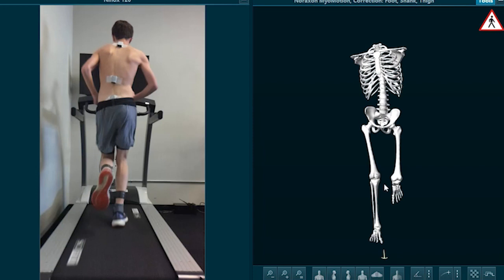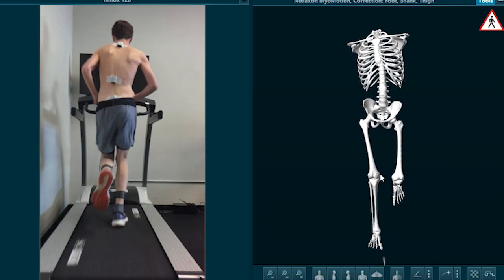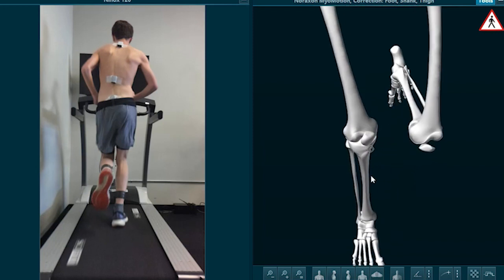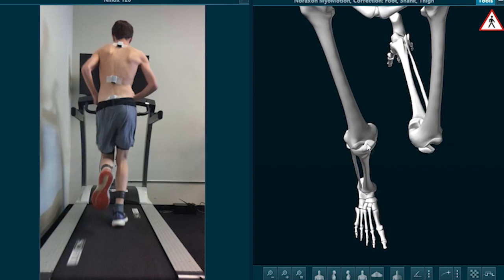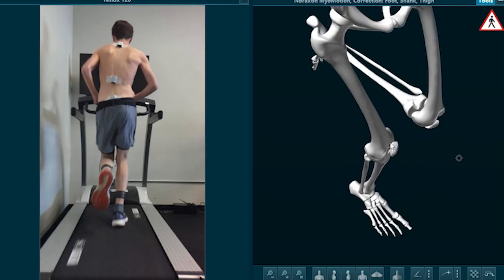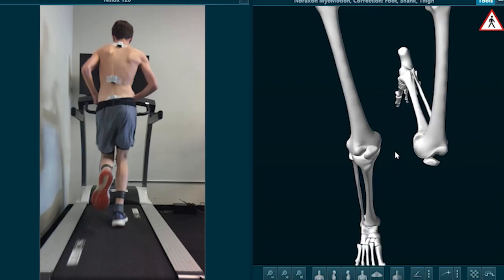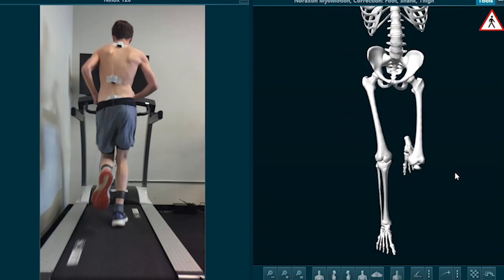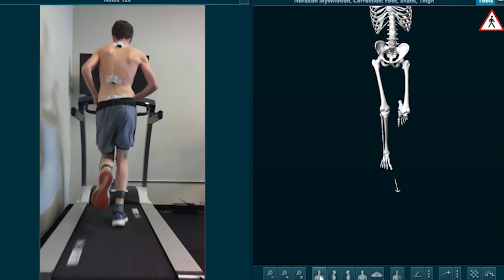When that happens, you can see there becomes a mismatch between the kneecap and this thigh bone. This mismatch creates an area of very high pressure underneath the kneecap. You can see here that the kneecap is shifted, and when it shifts, that increases the pressure under the kneecap, causing pain. But it's not the kneecap that was the problem.